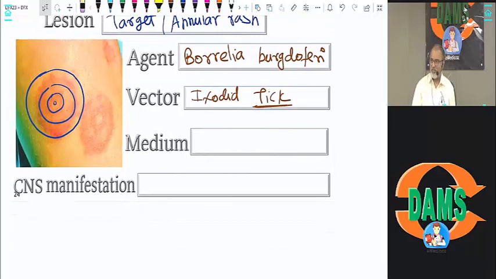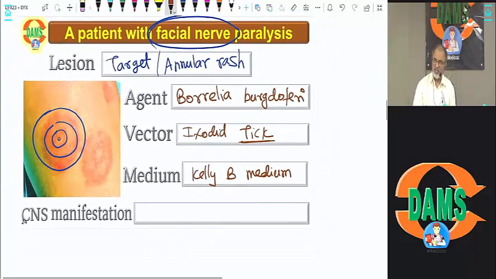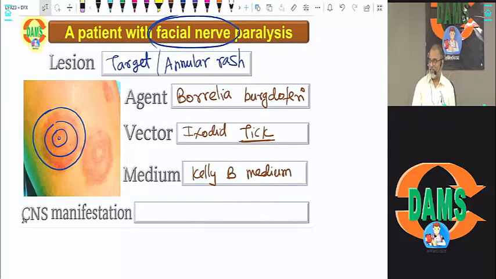And what is the medium? You should know: Kelly's medium. There is a selective medium called that, you should know. And what are the CNS manifestations? Already you are aware of that. The first line itself, what is the question? Yes, that is the CNS manifestation.